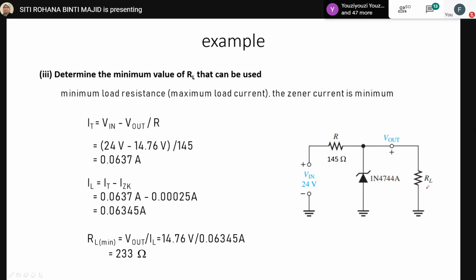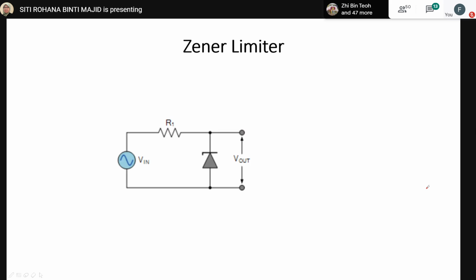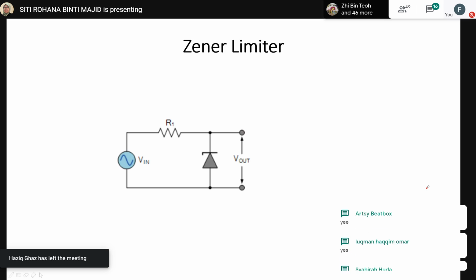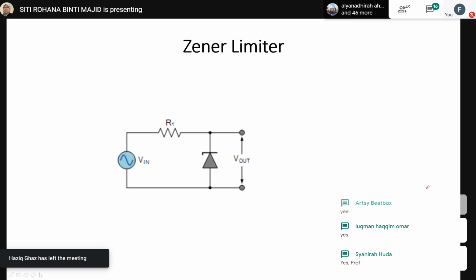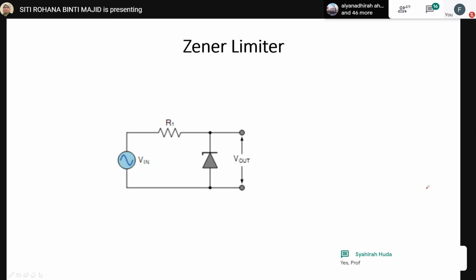Next, I will continue with applications of the Zener diode, because besides voltage regulator application, the Zener diode can be used in AC applications to limit the voltage swing from one desired level to another.